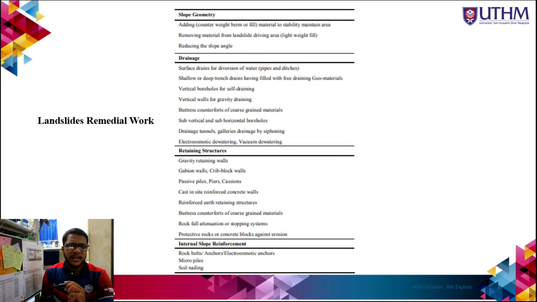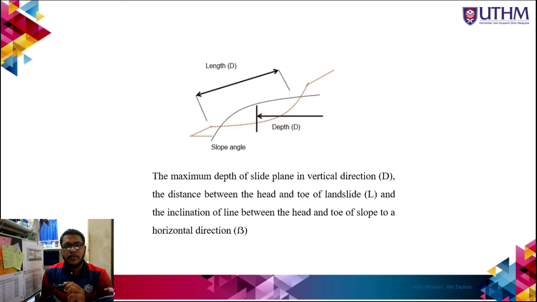Here is the landslide remedial work. First of all, the slope geometry, and then drainage and retaining structures, and internal slope reinforcement with rock walls, micropiles, and soil nailing. For example, this shows the slope angle, depth and length: the maximum slide depth is vertical D, the slide length is L, and the inclination of the line between the head and the slope horizontal is beta.